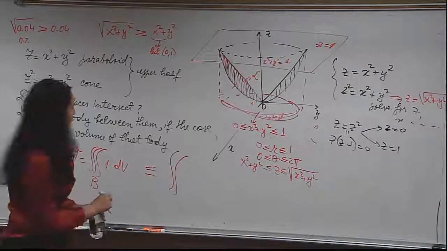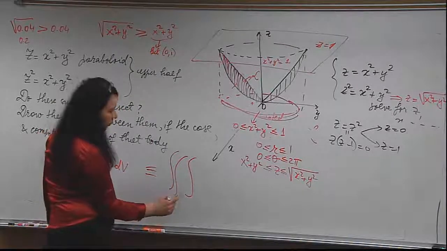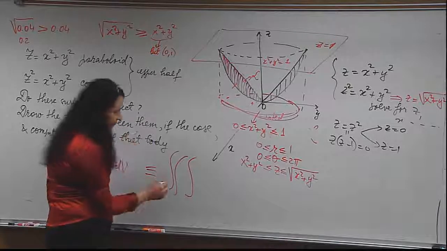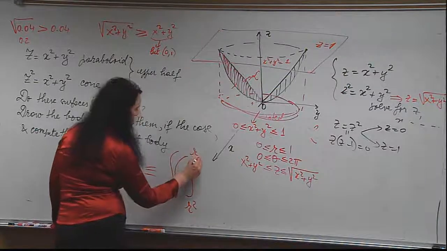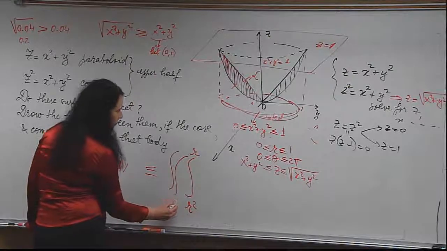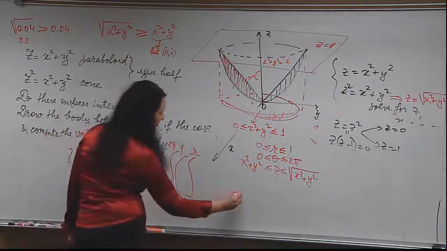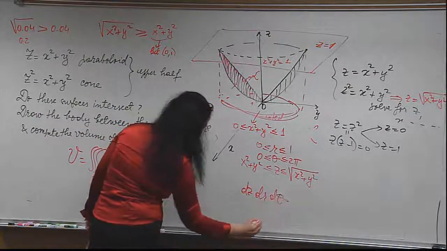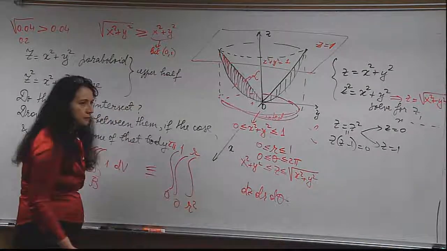Good. Now, let's write out the whole thing. So I have the integral in polar coordinates from what to what? R squared to R, 0 to 1, 0 to 2 pi. So the order of integration will be dz, dr, d theta. And what's inside here?